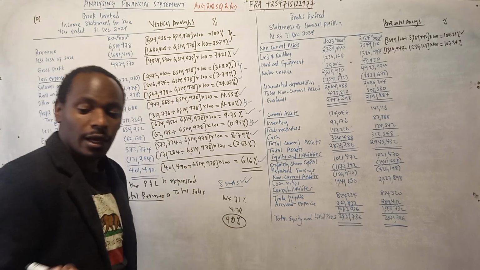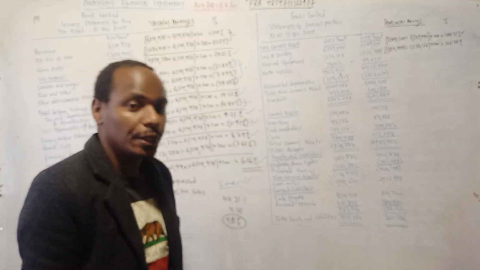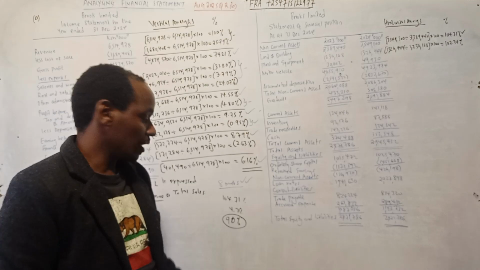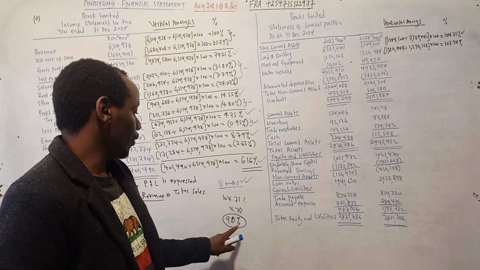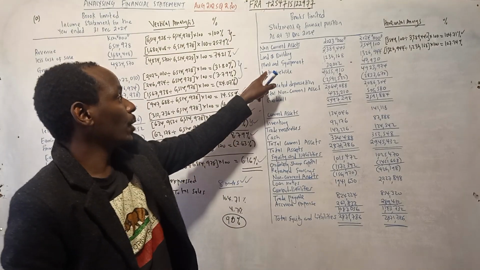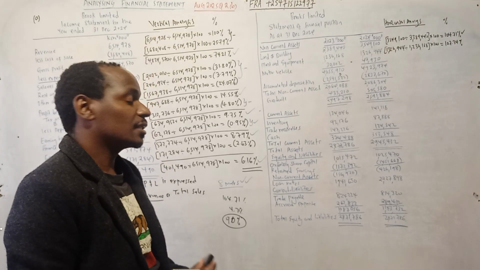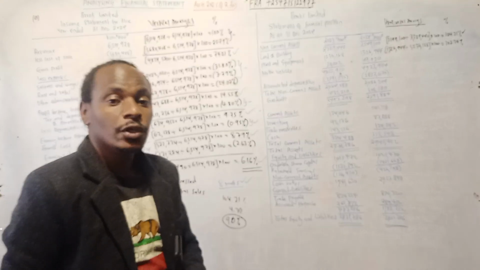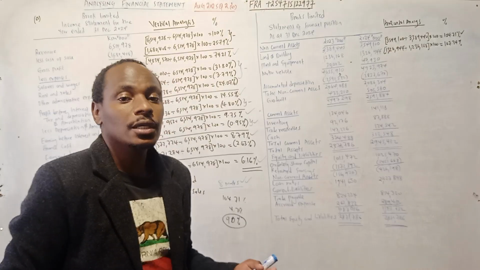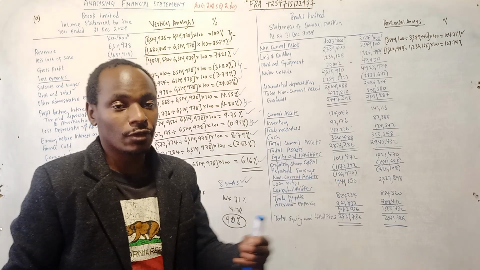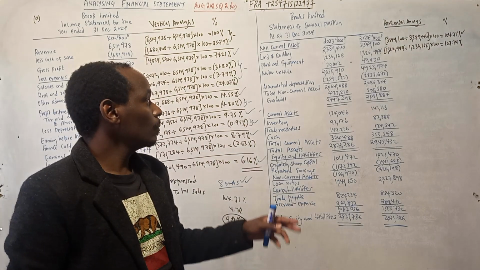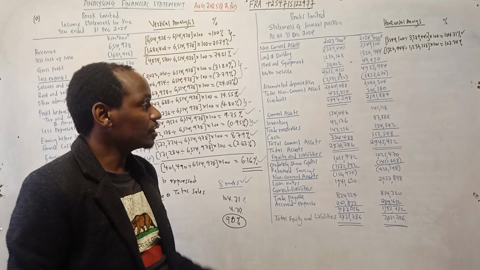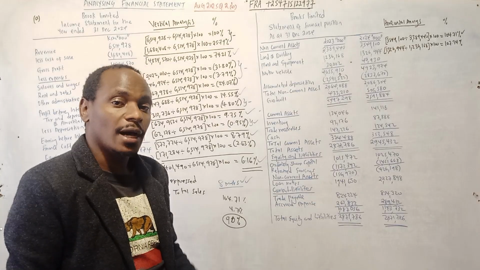Now, if the question requires you to explain, what will you say? The 90% is a reduction of 10%. So if you get 90% for plant and equipment, it means there is a reduction of the PPE by 10%. What does 10% mean? It means either that the PPE depreciated, so it reduced the value of the PPE, or, because we have accumulated depreciation separately here, we can say they sold some item of PPE.